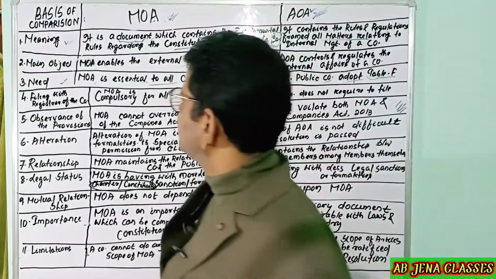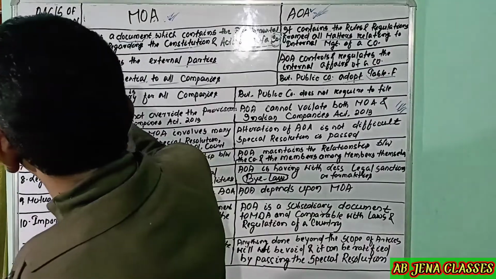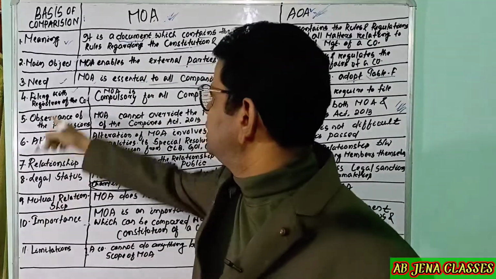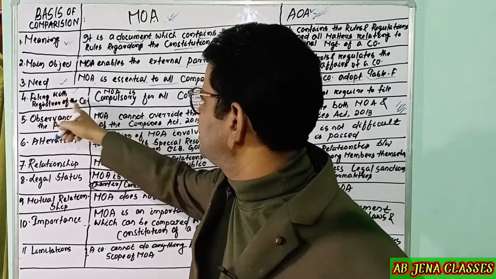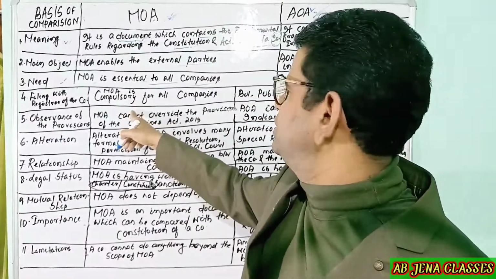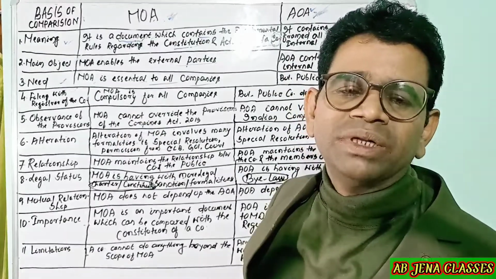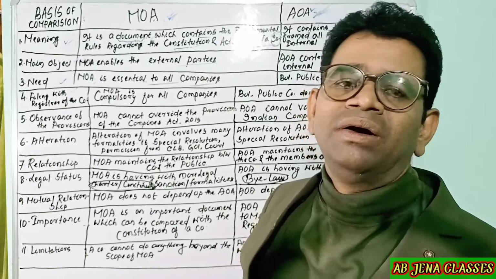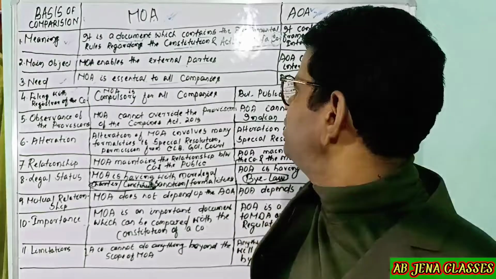Next basis of comparison is filing with the Registrar of Companies. Memorandum of Association is compulsory irrespective of company type, whether private company, public company, company limited by shares, or unlimited company.